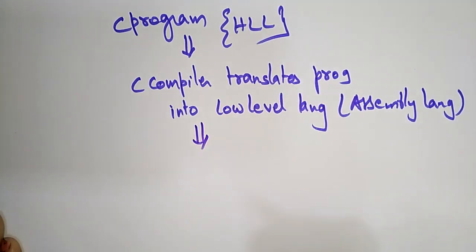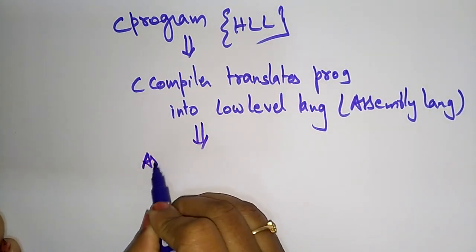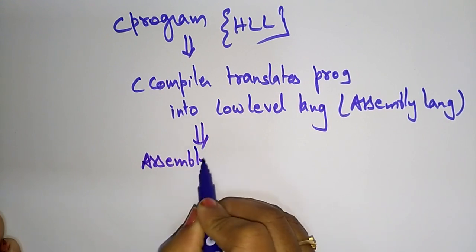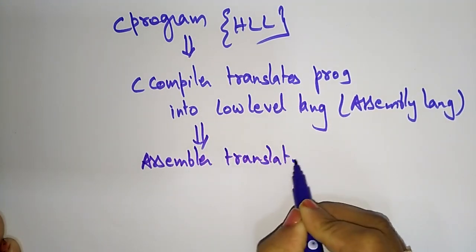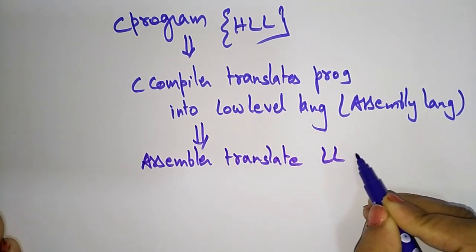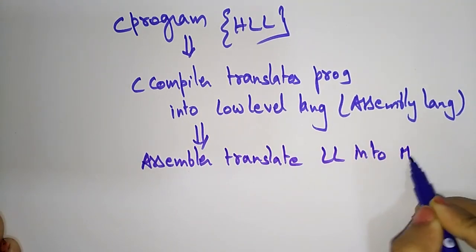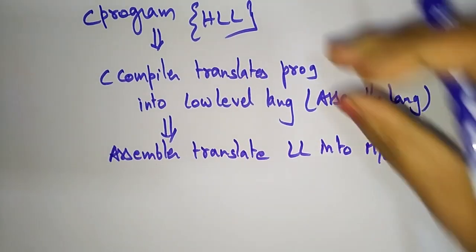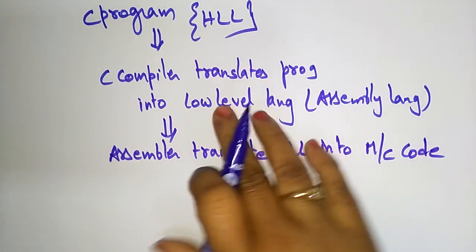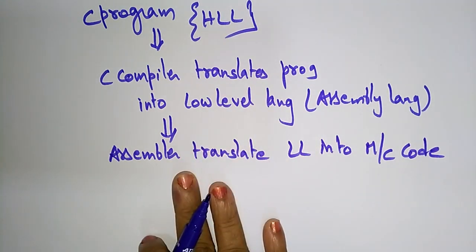Who will convert this low level language to machine code? The assembler. Now the assembler plays a role. The assembler translates low level language into machine code, that is the object code. Whatever C program you write will first be compiled, then assembled.